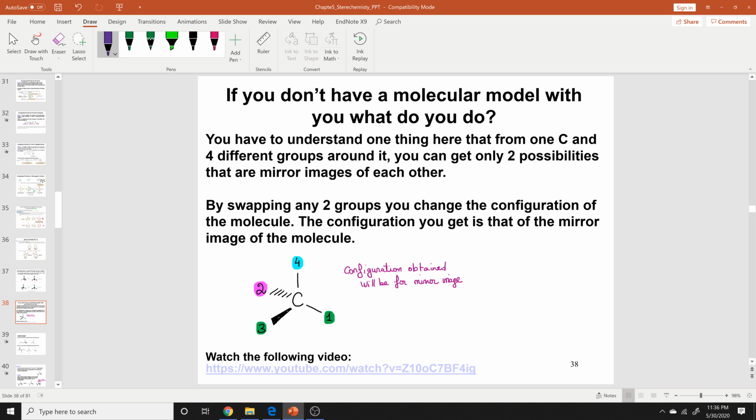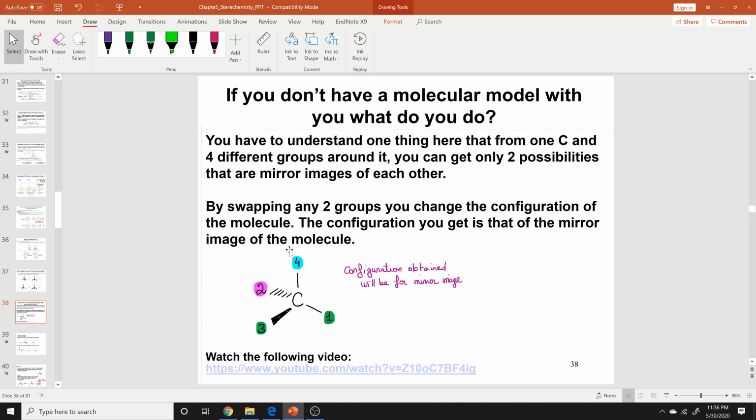So you're going to end up having a pair of enantiomers from the carbon with 4 different groups, 2 possibilities that are mirror images of each other. Now, by swapping any 2 groups, you normally change the configuration of the molecule. Let's see how I'm going to do this.